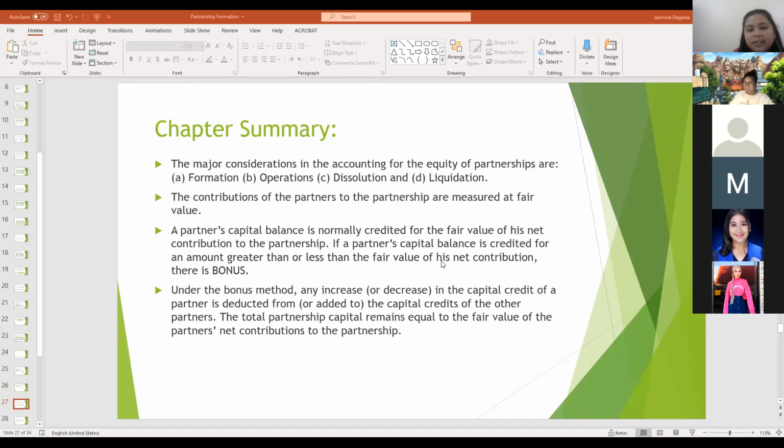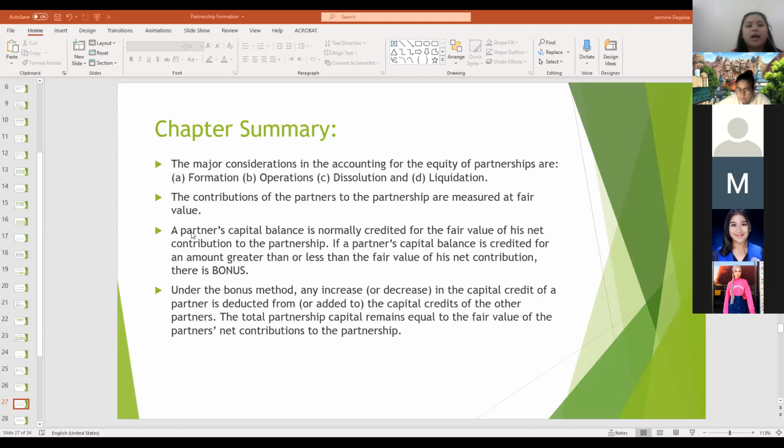So, tapos na tayo sa chapter. So, summary. The major considerations in the accounting for equity of partnerships are formation, operations, dissolution, and liquidation. Take note nyo yan. The contributions of the partners to the partnership are measured at fair value.